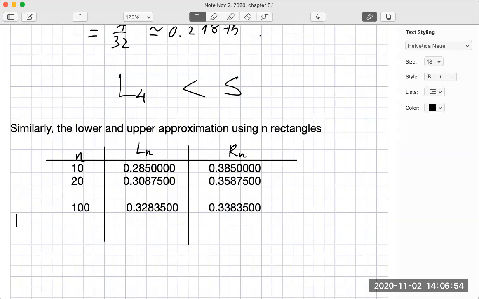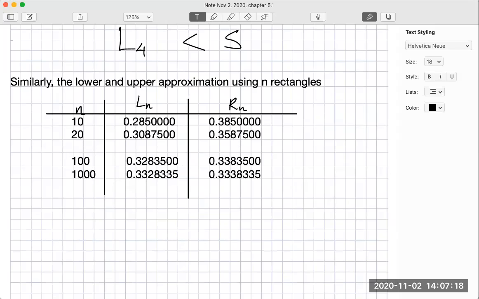And if you do it more with 1000 rectangles, then the lower area would be 0.3328335 and the upper 0.3338335.